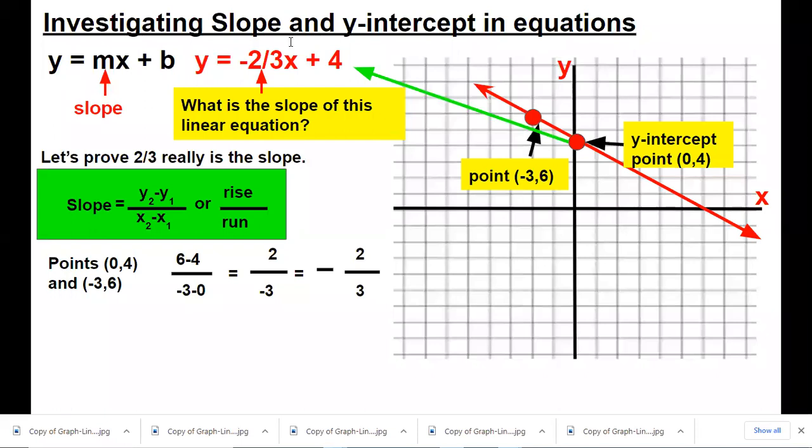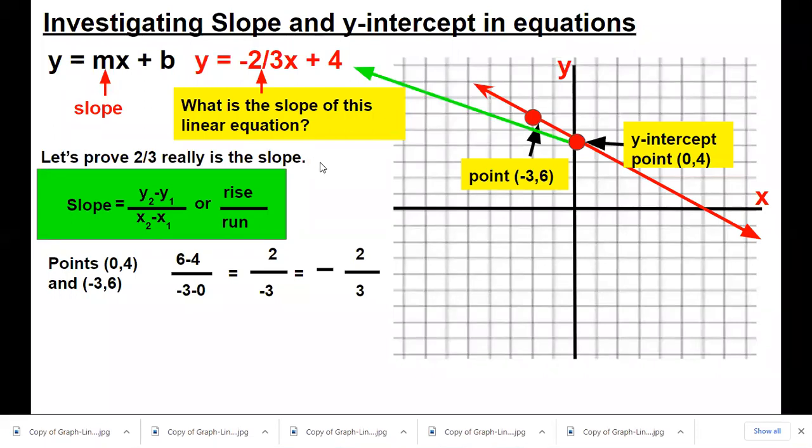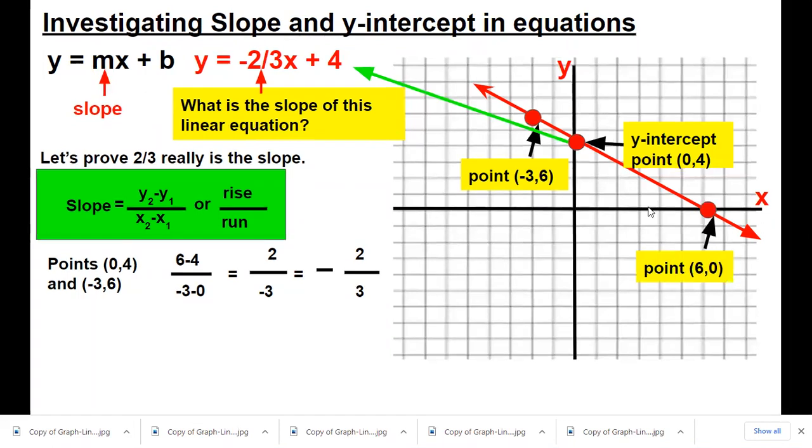I'm just moving this up a little bit so that I have a little bit of room. Okay, and let's try (6, 0). Let's see if I got that one right. 1, 2, 3, 4, 5, 6. Yes, this is (6, 0). Let's figure out the slope between that and the (-3, 6) point.